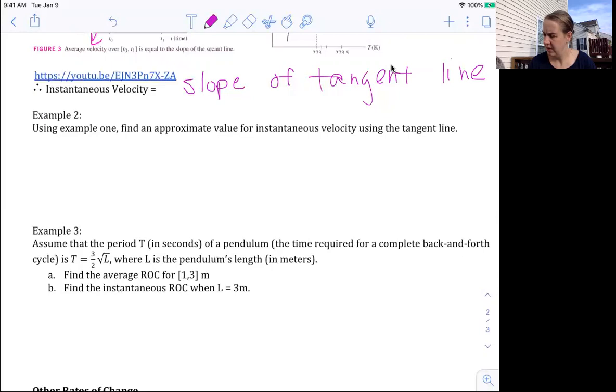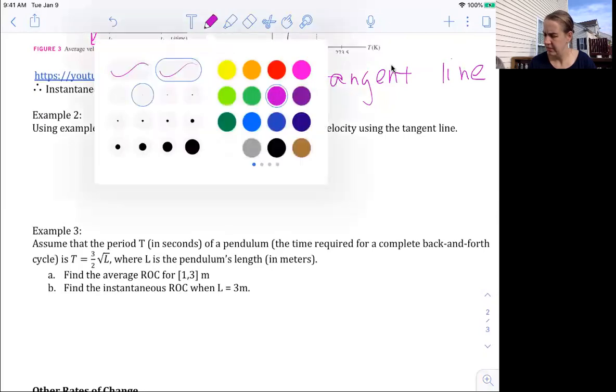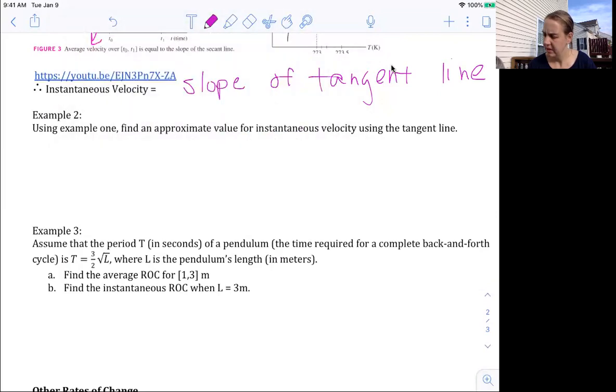So S of t equals 16t squared. That was the equation given in example 1. We want to find an approximate value for the instantaneous velocity using the tangent line.